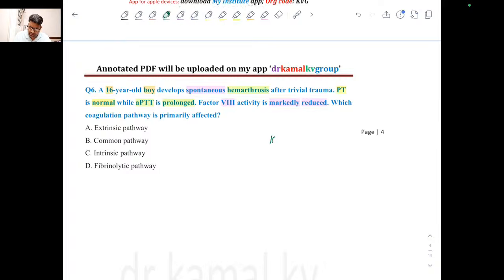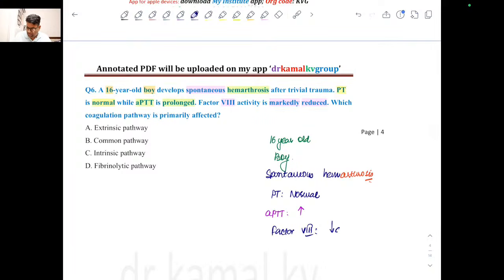So right here, there is a 16-year-old boy with spontaneous hemarthrosis, right? So heme is blood and it is accumulating within the joint. So hemarthrosis, PT is normal, but activated partial thromboplastin time is high and factor VIII levels are reduced.